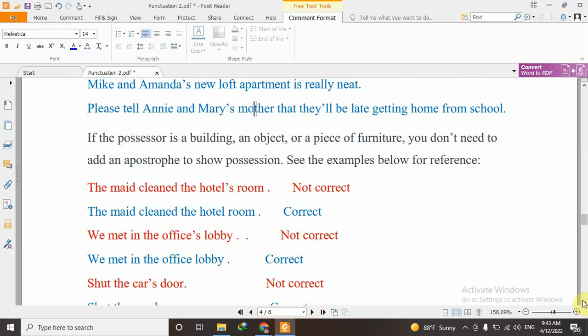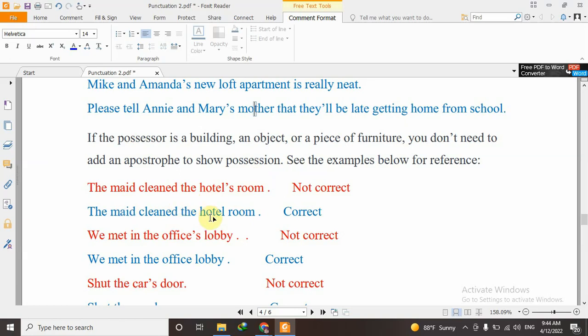No, because I am adding a non-living thing to another non-living thing. The maid cleaned the hotel's room, not correct. You have to say the maid cleaned the rooms of the hotel, or the hotel room. Both of them are correct.